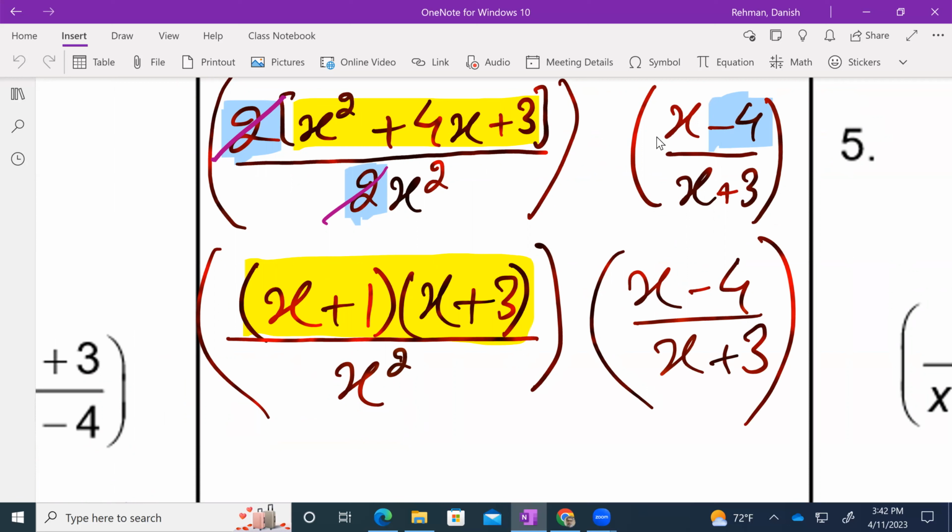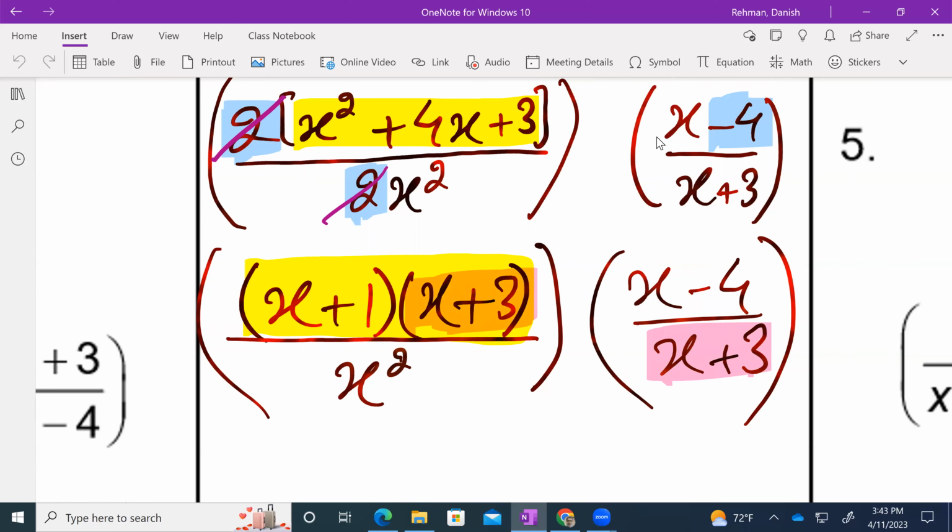No, you can say it. Anybody can say it. X plus 3. X plus 3 is in the numerator as well as in the denominator. So that is the factor, the x plus 3, that we can think about cancelling.